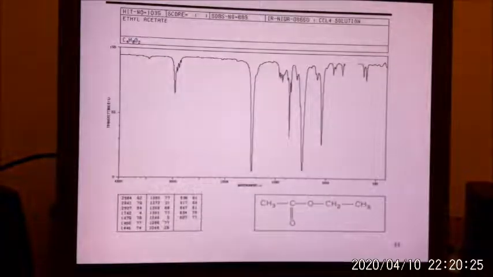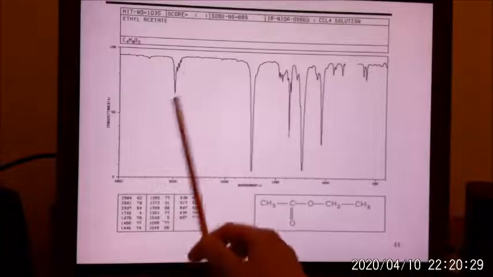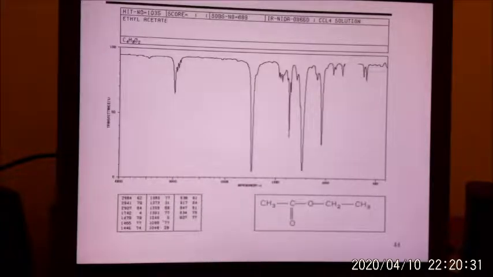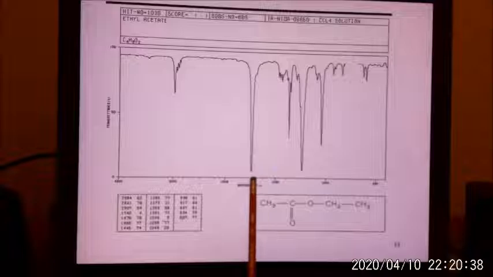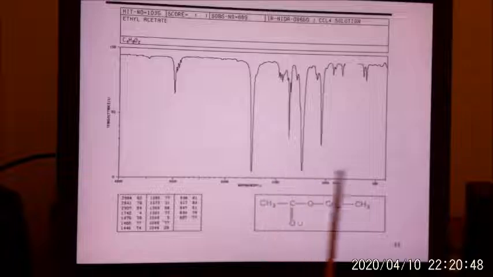Okay, so let's take a look at this guy, ethyl acetate. All these are less than 3,000, so we know that's sp3 carbon hydrogen. 1742, really pretty. A little bit higher frequency than 1710, so you think, that's interesting. Then we have these peaks.